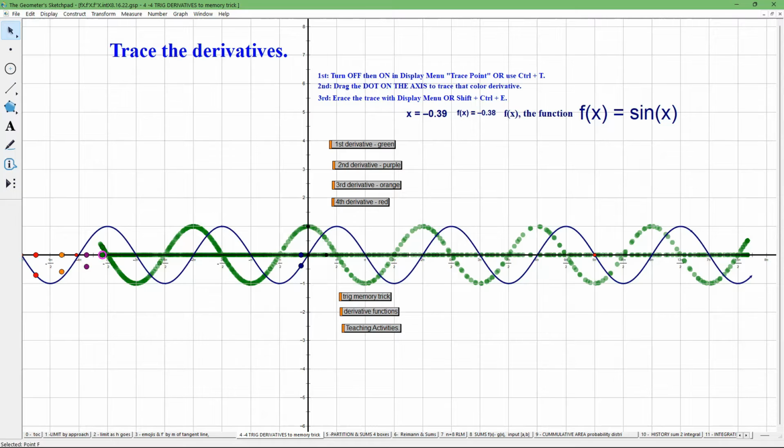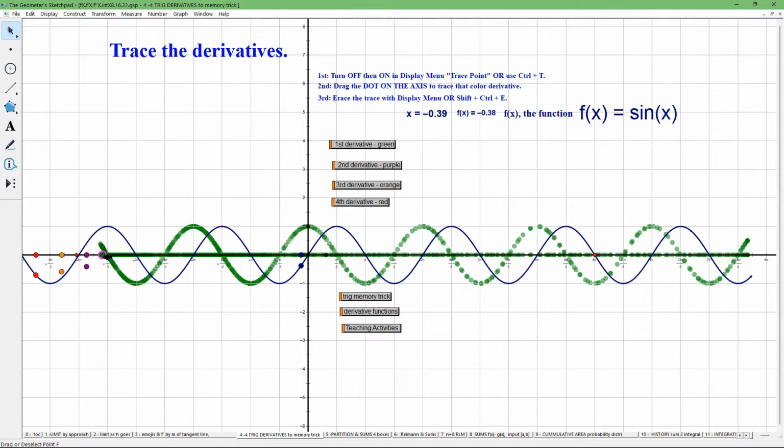I don't need to. All I want to point out is that the derivative of the sine is the cosine. And I could have taken it point by point. I chose to just drag it quickly.